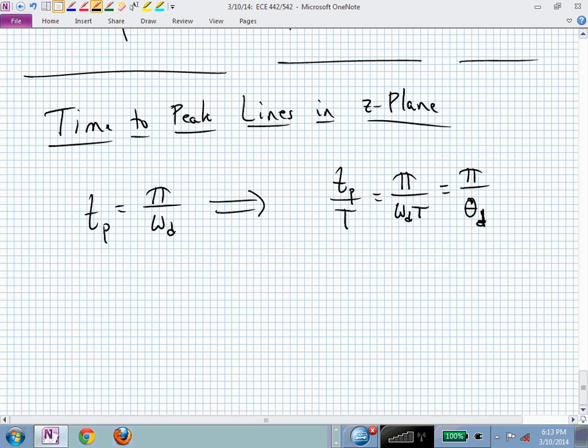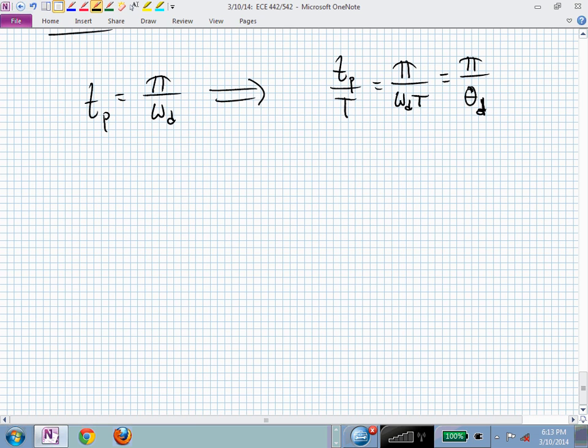I'm trying to get us to think about what different values of time to peak correspond to in the z-plane as far as angles. Let's look at a couple different possibilities for this theta sub d, since I think we can picture what this angle theta sub d looks like.